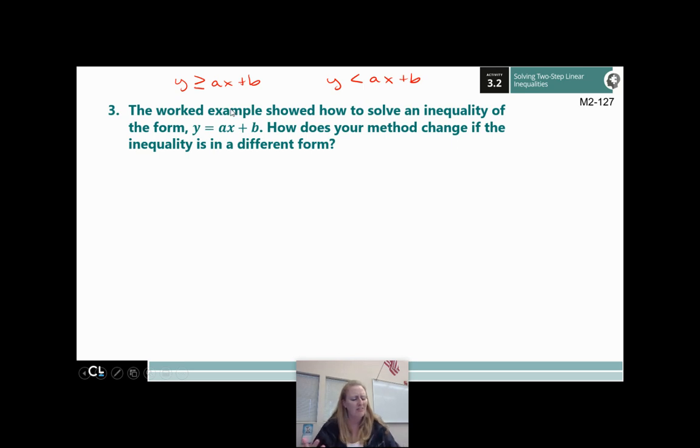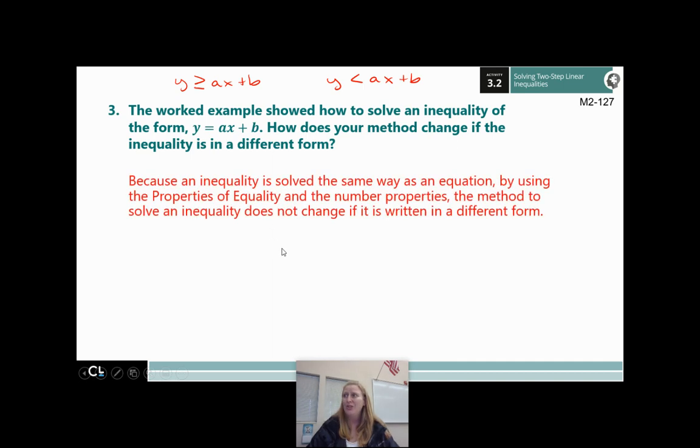Did any of our techniques change? I don't think they did. Because an inequality is solved the same way as an equation by using the properties of equality and the number properties, the method to solve an inequality doesn't change, even if it's written in a different form. We still solve them the same way.